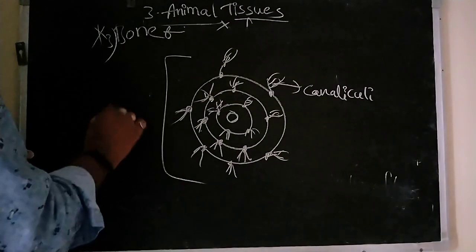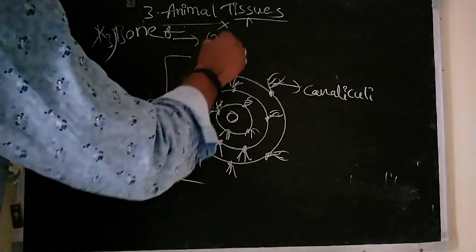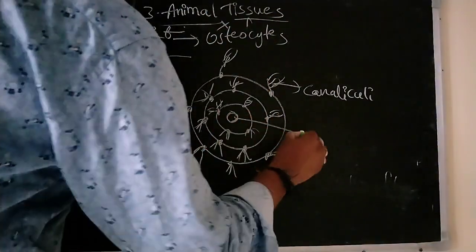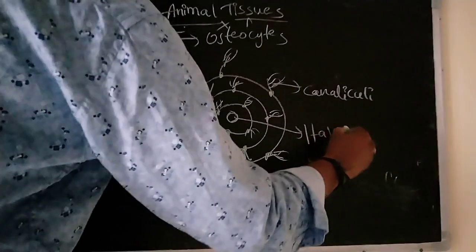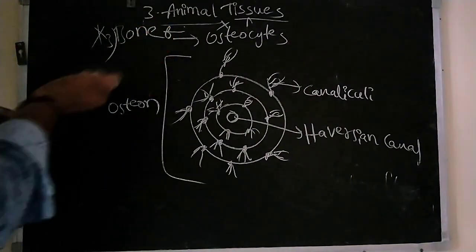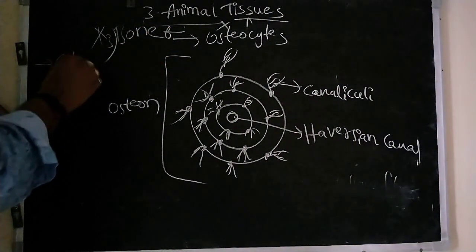Each one is called an osteon, the bone cells are called osteocytes, and this canal is called the Haversian canal.